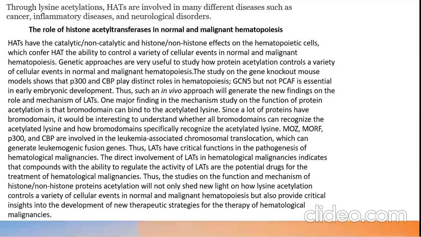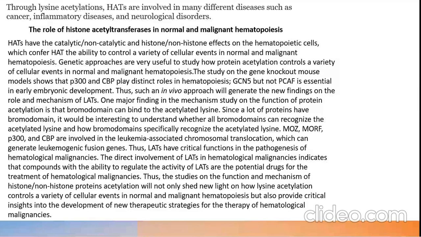Then later, one of the most important things that was derived from this is the study of the bromodomain. Bromodomains can bind to acetylated lysine. Many proteins have a bromodomain. So they were interested to know whether all bromodomains can recognize acetylated lysine and how specifically they can bind to it. Initially, people were thinking about HAT inhibitors in order to inhibit the HATs which are developing cancer cells.